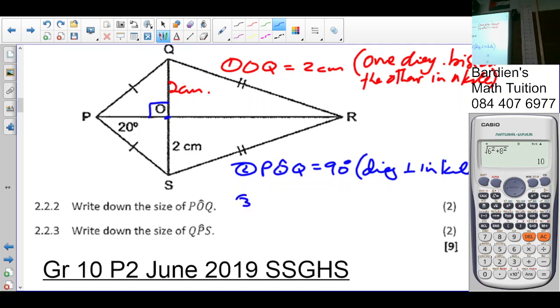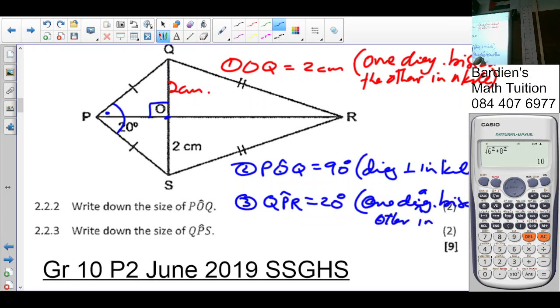Then in question 3 it says, write down the size of QPS. So QPS is the whole angle here. Not so. But first we need to know that QPR is equal to 20. Why? Because one diagonal must bisect the other in a kite.